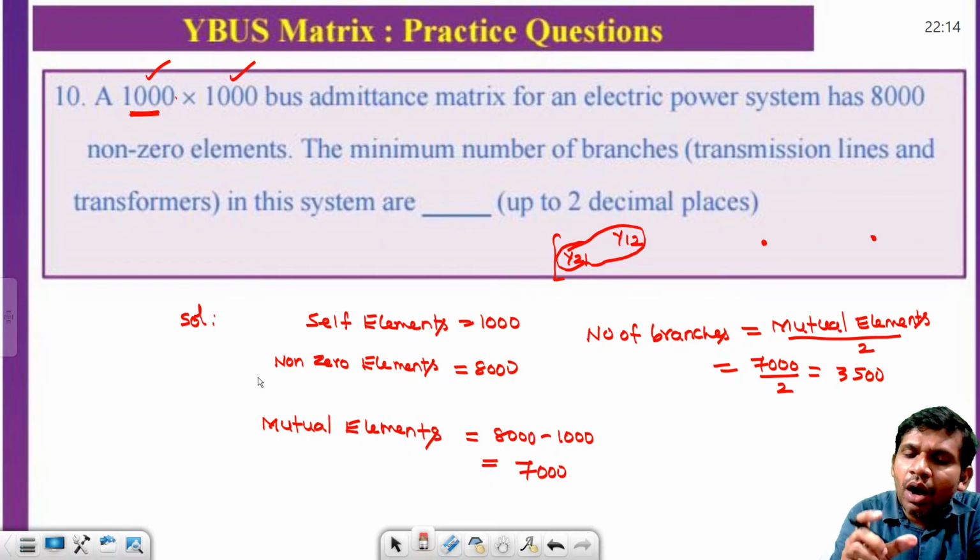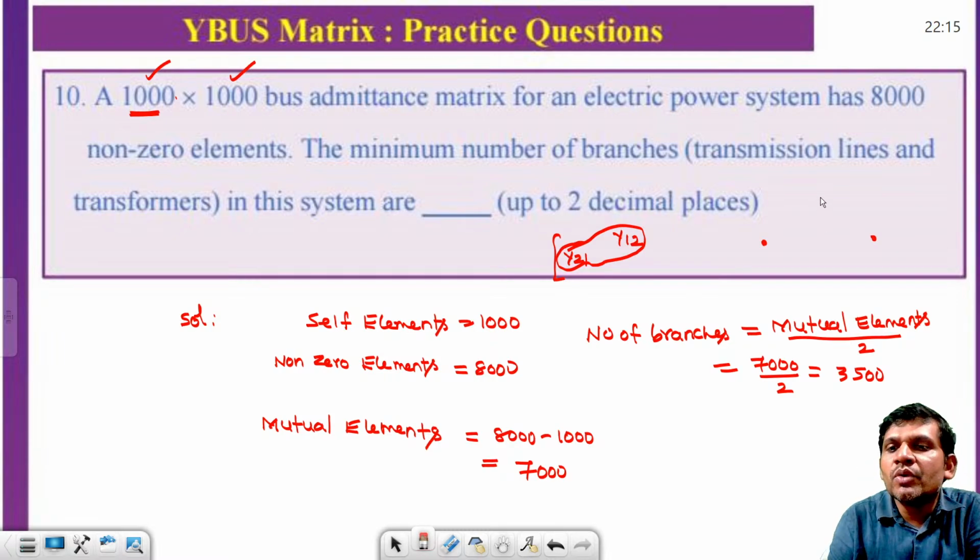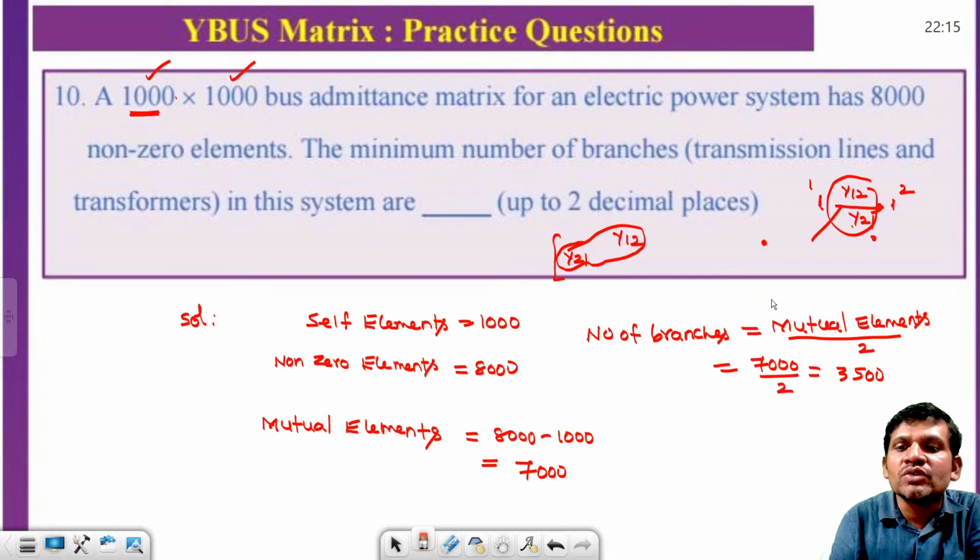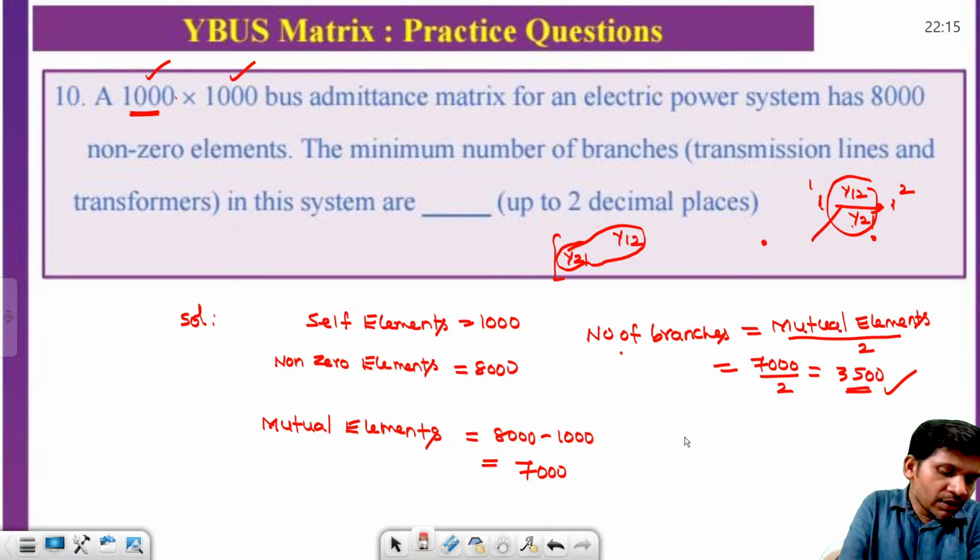The two are defined for one branch. అంటే 2 elements are defined for one branch. ఇప్పుడు ఇది బస్ 1 అనుకోండి, ఇది బస్ 2 అనుకోండి. ఈ same branch కి we are defining Y12, we are also defining Y21. ఈ రెండు కలిసి కూడా ఒక బ్రాంచే. కాబట్టి 2 ఎలిమెంట్స్ కలిస్తే ఇక్కడ 1 బ్రాంచ్. మనకు అడిగింది టోటల్ నెంబర్ ఆఫ్ బ్రాంచెస్ కాబట్టి టోటల్ మ్యూచువల్ ఎలిమెంట్స్ బై 2 చేస్తే మనకు టోటల్ నెంబర్ ఆఫ్ బ్రాంచెస్ వస్తాయి. That is the reason why we are doing by 2. This is equal to 3500. Clear?